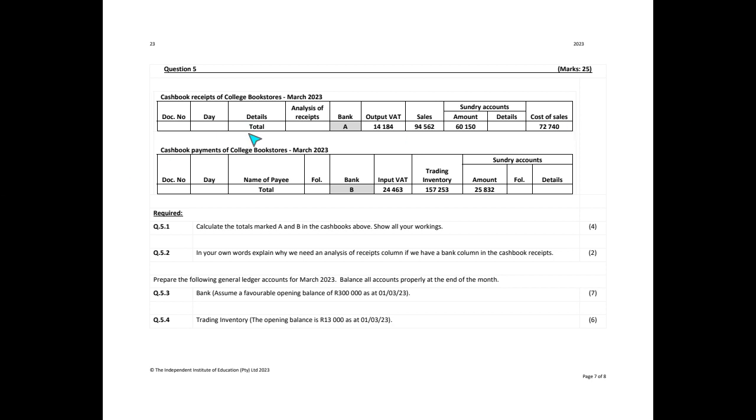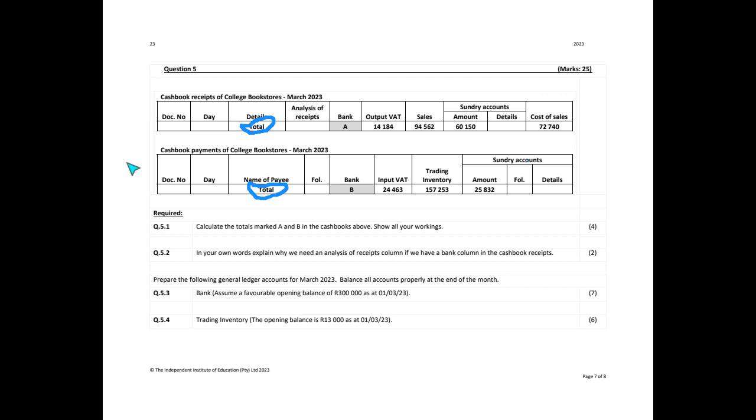You see here under details, they have written the word total. So they haven't given us the details of all the transactions above this that we recorded for the month of March. All they've given us are the totals of each of these columns for the month.